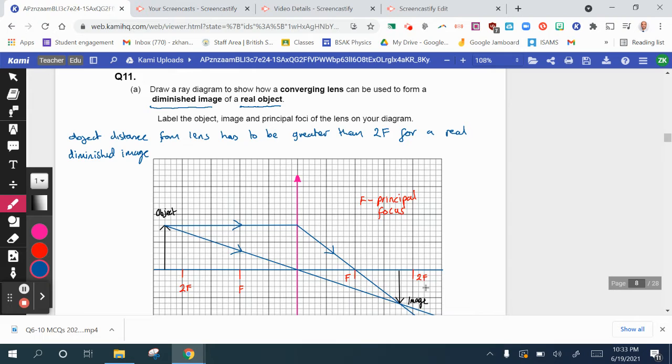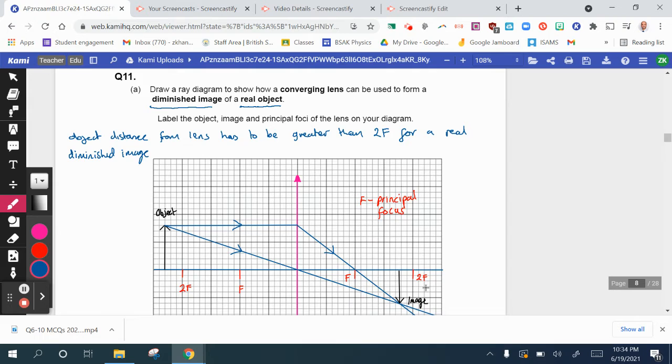Now, before you even start to answer this question, a diminished image from a real object can only be produced if the object is placed beyond two focal lengths. So the object's position has to be beyond two focal lengths.